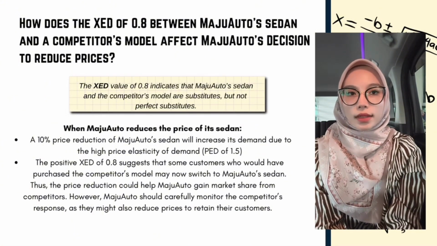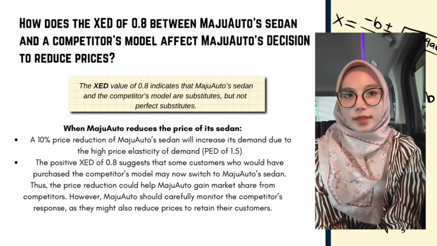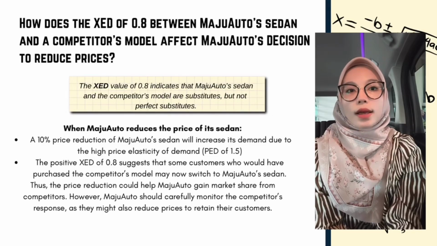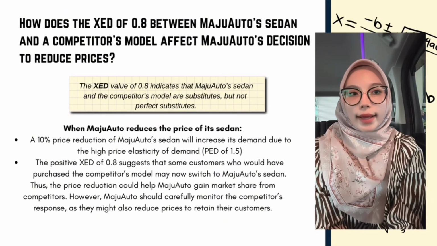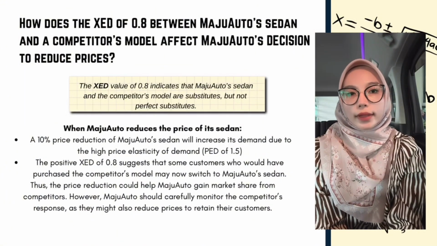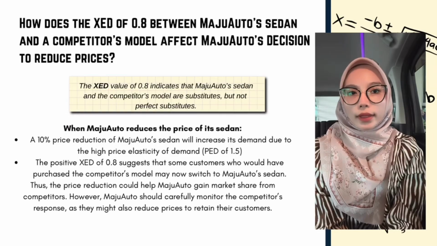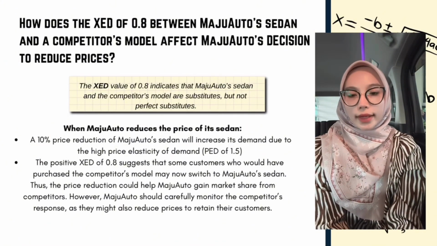The positive XED of 0.8 suggests that some customers who would have purchased the competitor's model may switch to Maju Auto sedans. Thus, the price reduction could help Maju Auto gain market share from competitors. However, Maju Auto should be careful and monitor the competitors' responses, as they might also reduce prices to retain their customers.